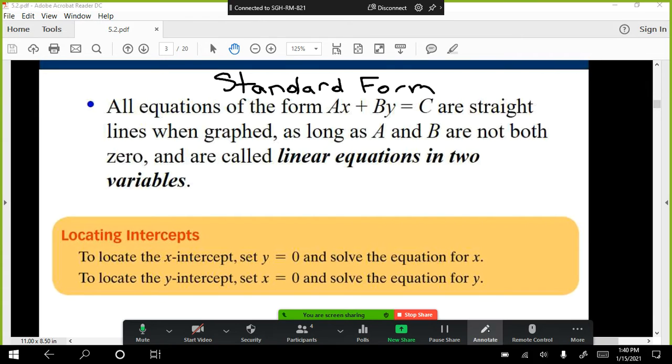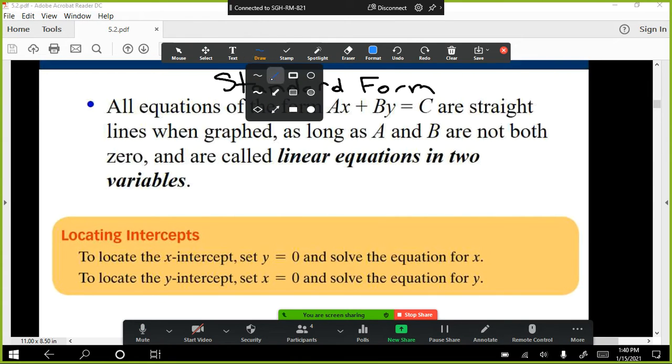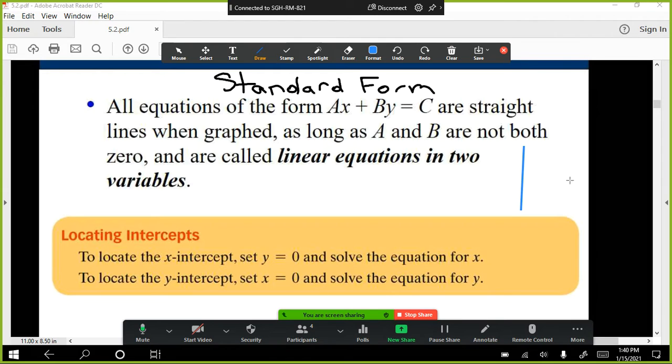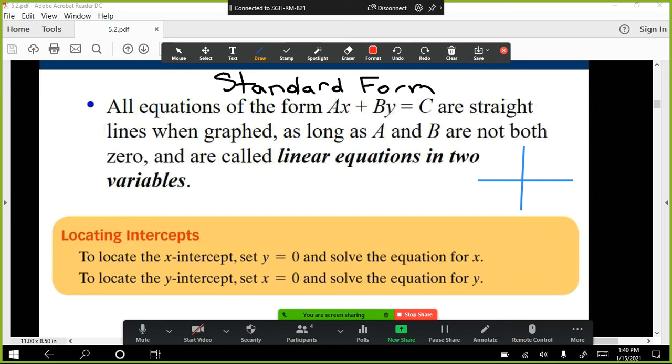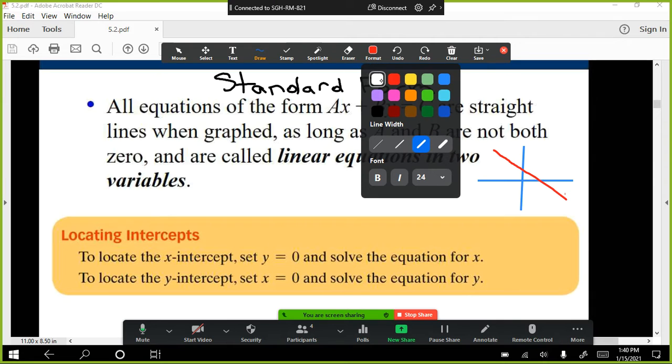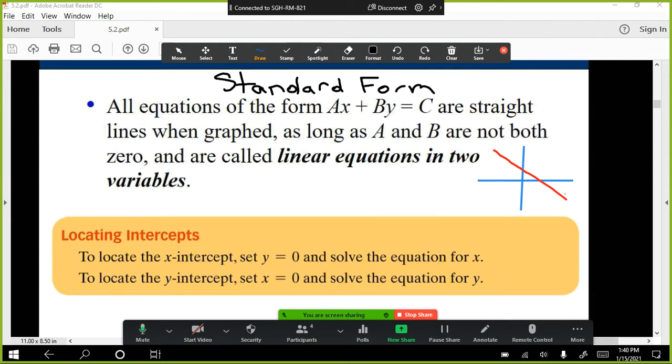So what they're talking about right there, x and y-intercept: if I have the coordinate axes there, and then I have a line like that, what they mean by the x- and y-intercept is the point at which the graph or the line crosses the x- and y-axis.